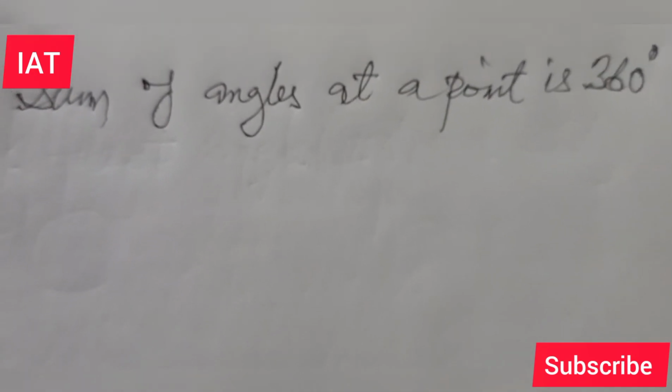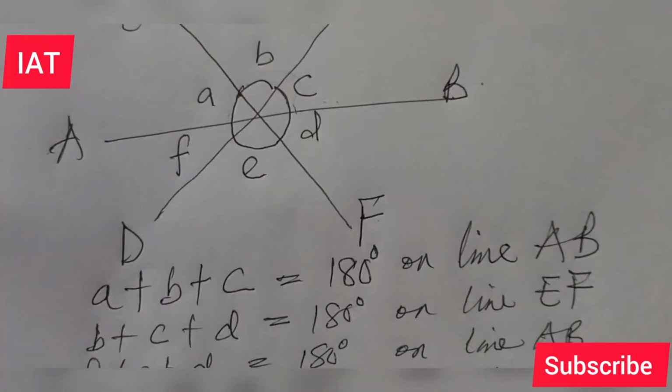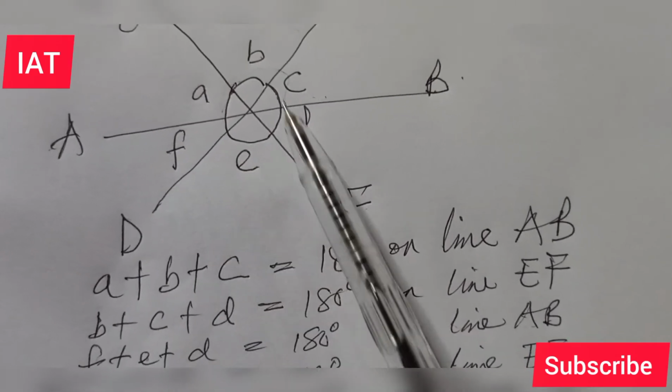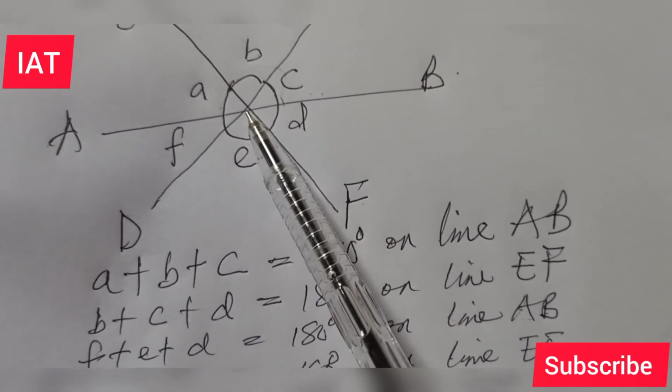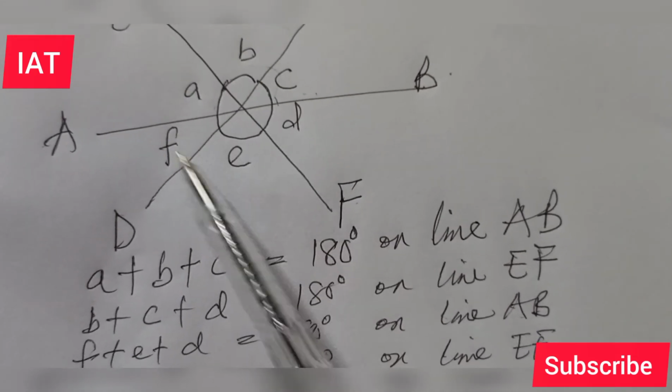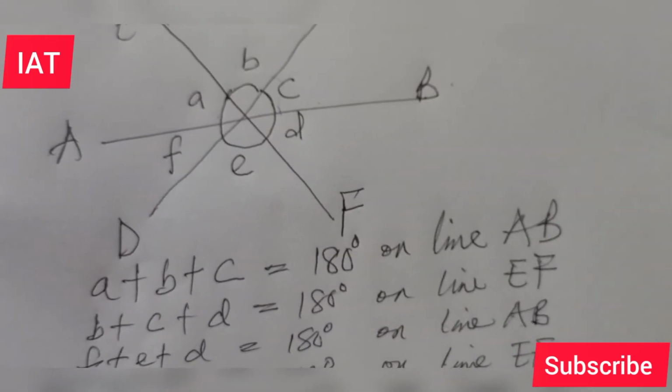So if the angle at a point is 360 degrees, from the previous diagram, the one we just finished with right now, let me bring it up so that you will understand what I'm saying. From this, you can see that we have angles A, B, C, D, E, F. All of them lie on this point here. So the sum of all these angles will be equal to 360 degrees.